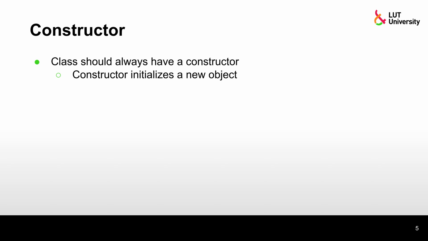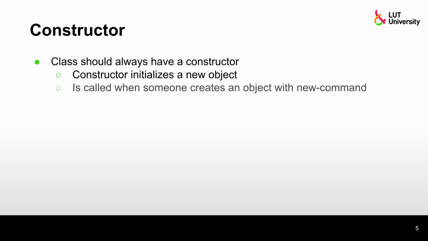But usually you want to have a better constructor than just a default one that takes no parameters and basically does nothing. And the constructor is of course called when someone creates an object with the new command. So in Java and in C++, there is this new command that creates a new object.